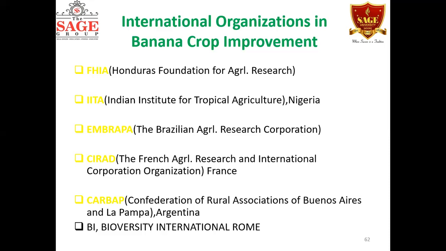These are institutes like FHIA, that is Honduras Foundation for Agriculture Research, IITA, that is International Institute of Tropical Agriculture, Nigeria, EMBRAPA, that is the Brazilian Agriculture Research Corporation, CIRAD, that is French Agriculture Research and International Cooperation Organization, France, then CARBAP, Federation of Rural Associations of Buenos Aires and La Pampa, Argentina, and finally Bioversity International.